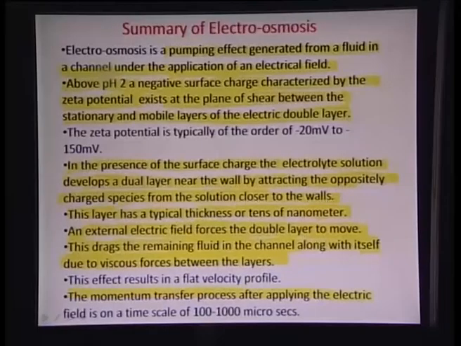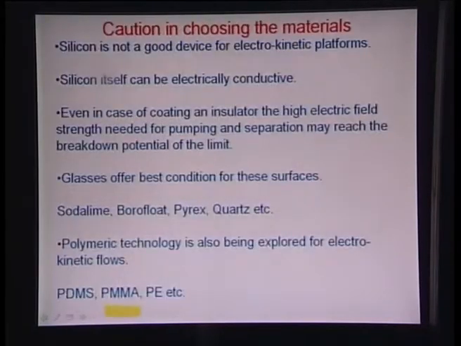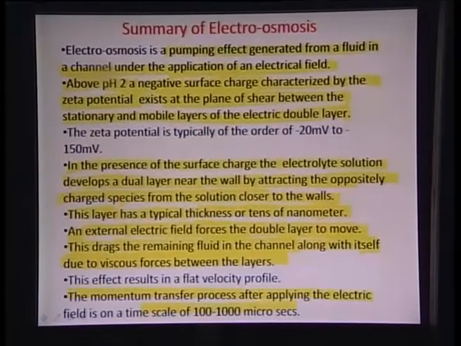This effect results in a flat velocity profile, as we have seen earlier, and the momentum transfer process after applying the electric field takes approximately 100 to 1000 microseconds. So you have to wait for close to 1 millisecond to see any substantial movement registered within the channel.